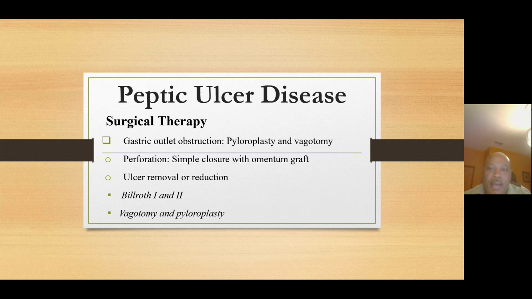There's also ulcer removal or reduction, where the ulcer has to be removed or reduced. And then there's a couple of surgeries. There's the Billroth 1 and 2. So take a look at that in your readings. Or the vagotomy and pyloroplasty, which we pretty much have talked about as well.